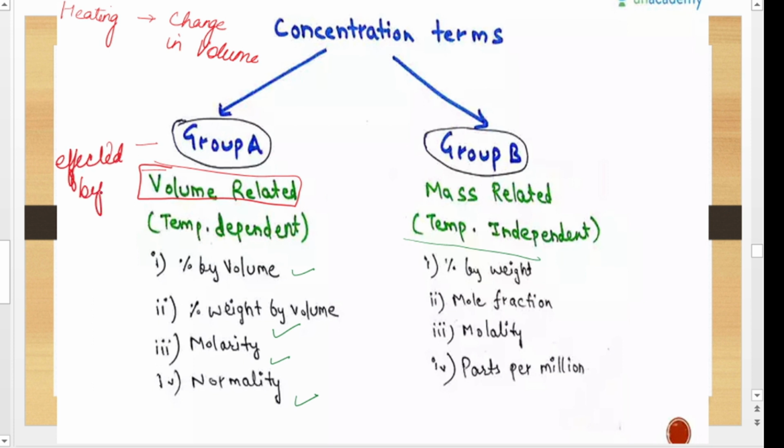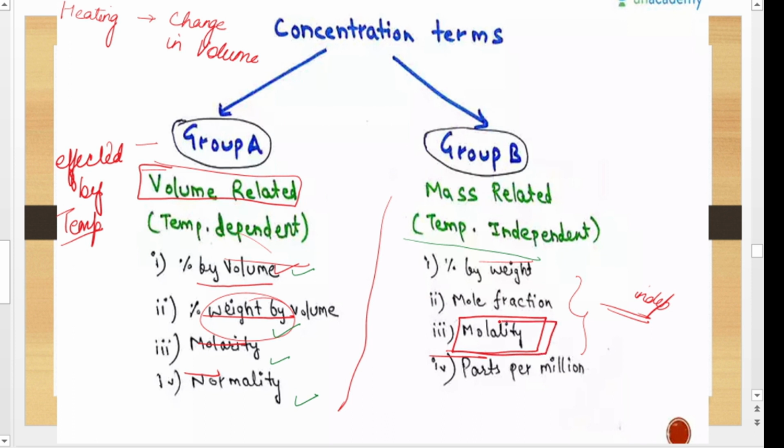That means if you change the temperature, the concentration may decrease or increase depending upon the case, because it has a volume term. All the concentration terms like percentage by volume and weight by volume are temperature dependent. Whereas the concentration terms where we use no volume term are independent of temperature, so you can use them. They are not temperature dependent and they are more precise.